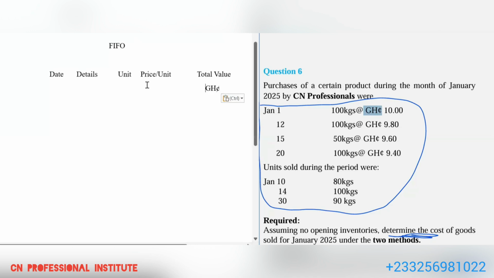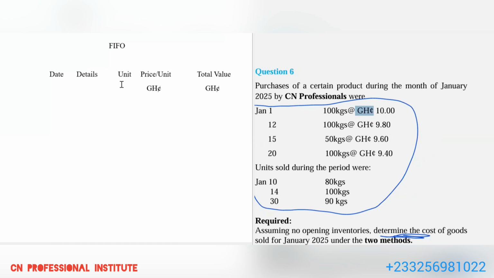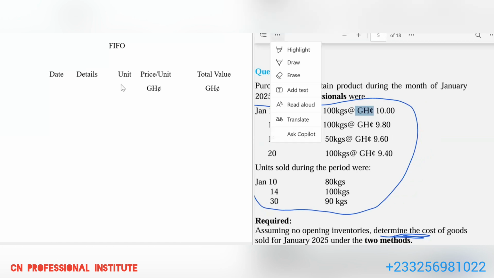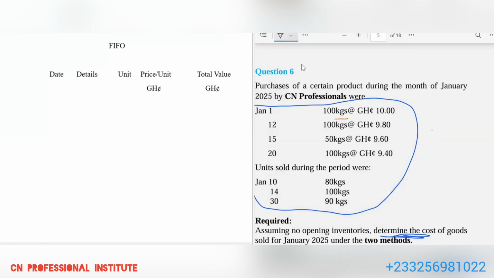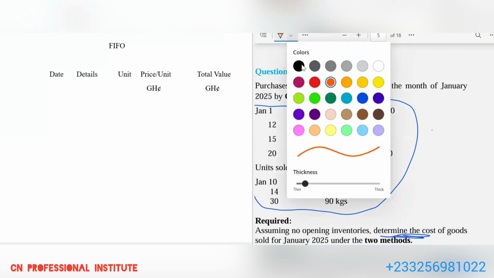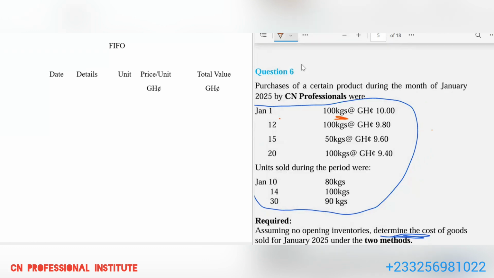The unit price, or price per unit, is also in Ghanaian cedis. From the question, the quantity is in kilograms. I don't know if you can see that. So the quantity is in kg.